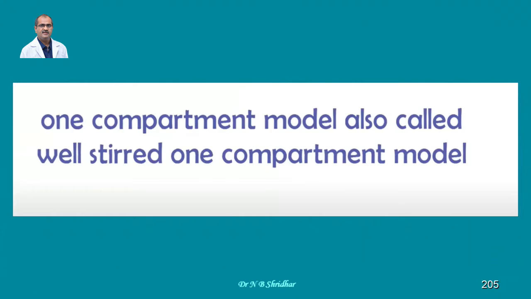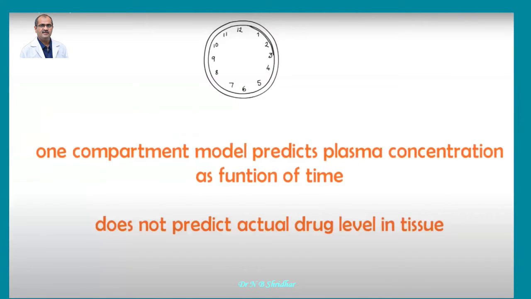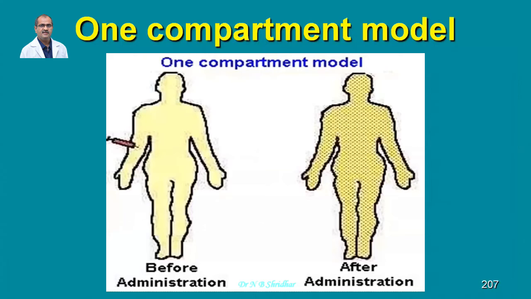The one compartment model predicts plasma concentration as a function of time, but it does not predict actual drug levels in the tissue. We cannot predict the actual concentration of the drug at the tissue level.